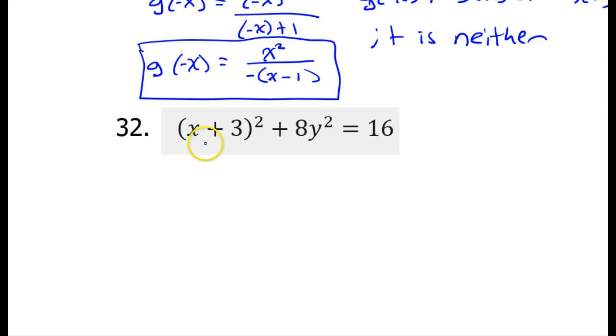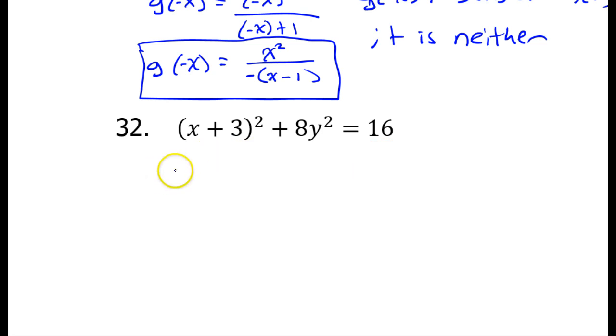But I know that if I replace x with negative x and I get the same function again, then that's going to be even. I know that.